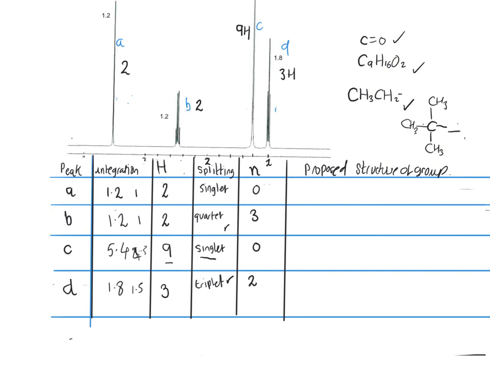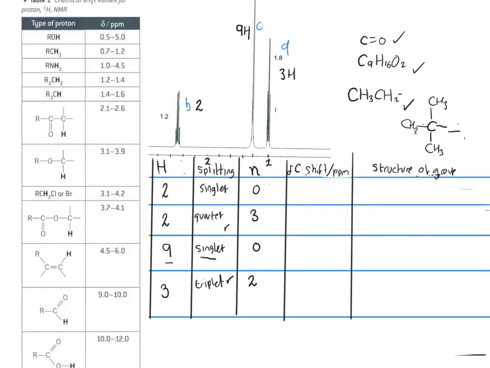There is one really important piece of information that's missing here, and that is the chemical shift, because that will tell us the position of the proposed group in the molecule. So let's now put in our chemical shifts. We can only estimate because the quality of the spectrum isn't great. A has a chemical shift of roundabout 3.5.